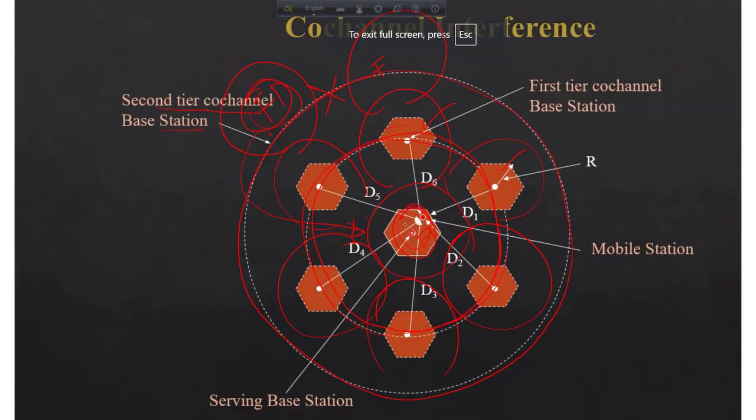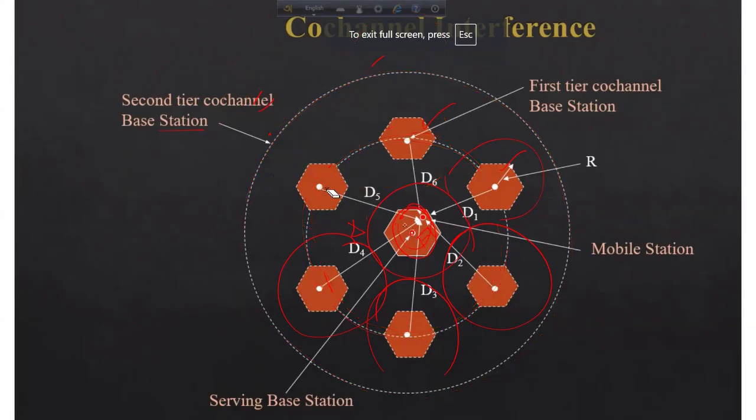Okay, if it creates some interference, that will be very low, and that can be neglected. So we are going to neglect this second tier co-channel interference. We will only consider the first tier co-channel interference.